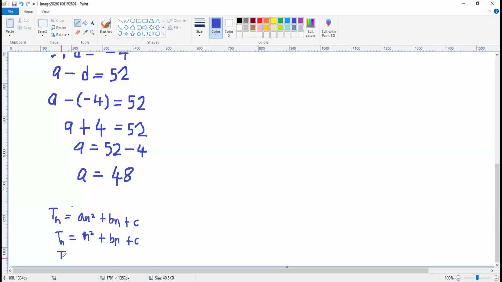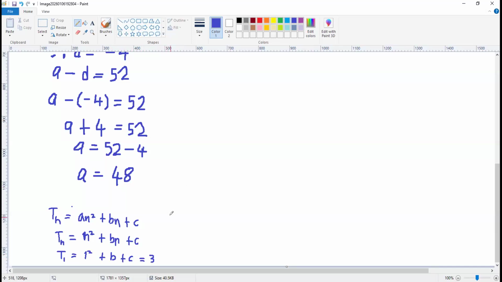So the first term is 3. So T1 is equal to 1 squared, which is 1, plus B times 1, which is B, plus C. And so that is equal to 3.